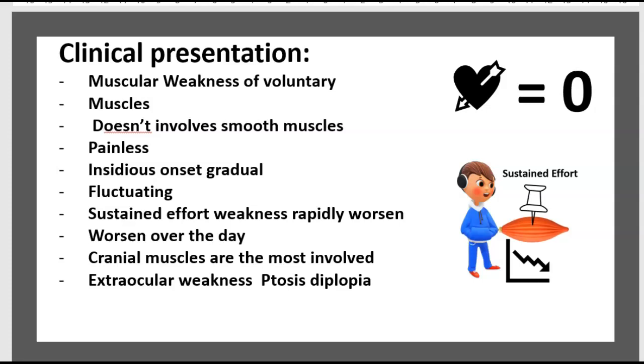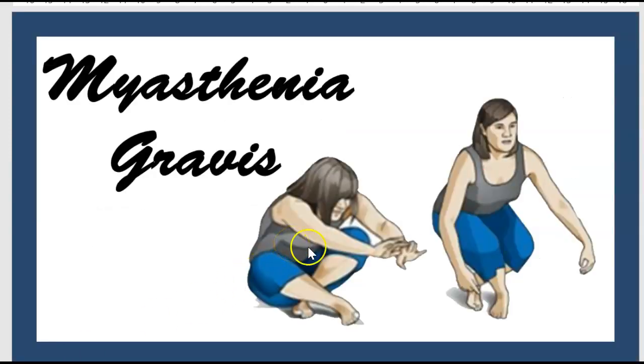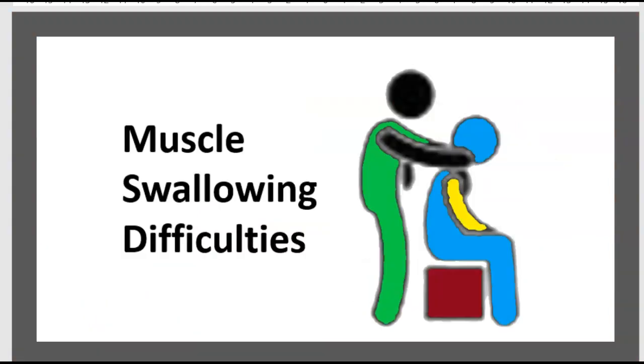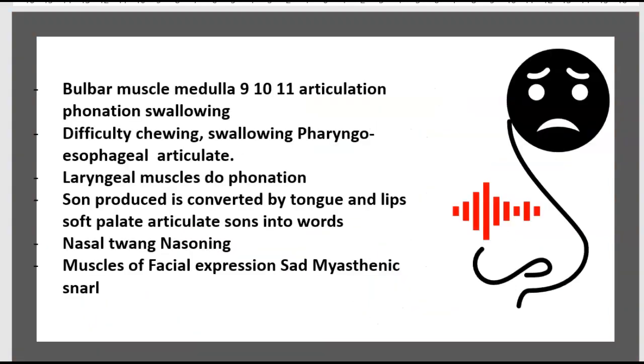Extraocular weakness with ptosis and diplopia. Difficulty to sit down or to get up. Unable to completely close the eye. Swallowing difficulty. Bulbar muscles, medulla, cranial nerves 9, 10, and 11, regarding articulation, phonation, and swallowing. Difficulty chewing, difficulty swallowing, and pharyngoesophageal articulation.